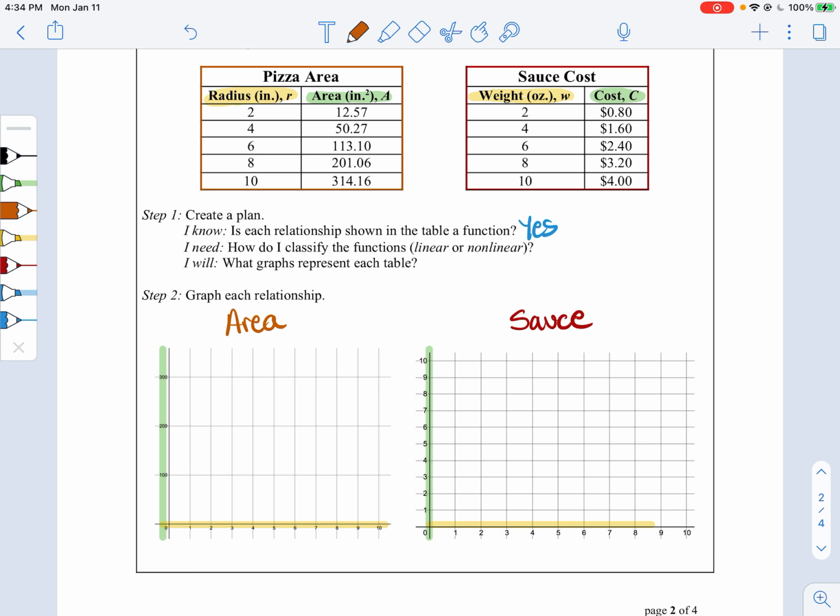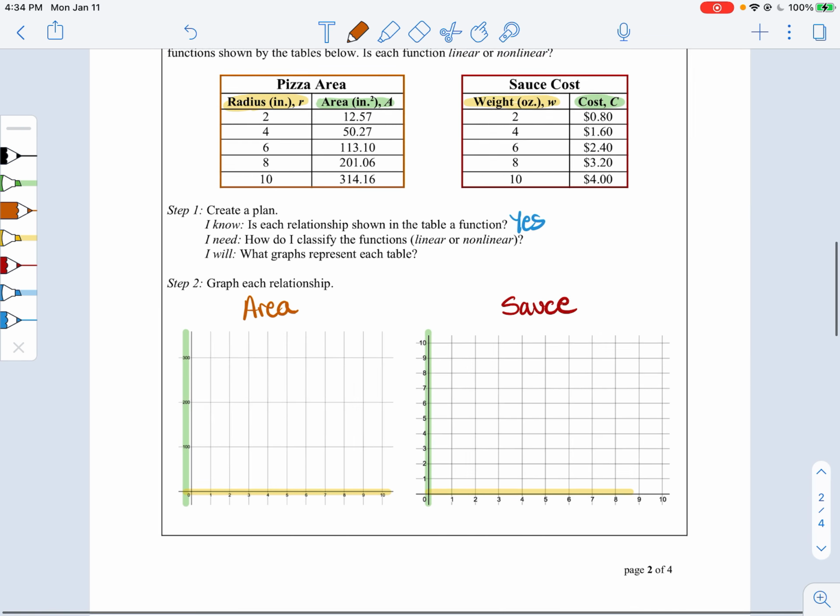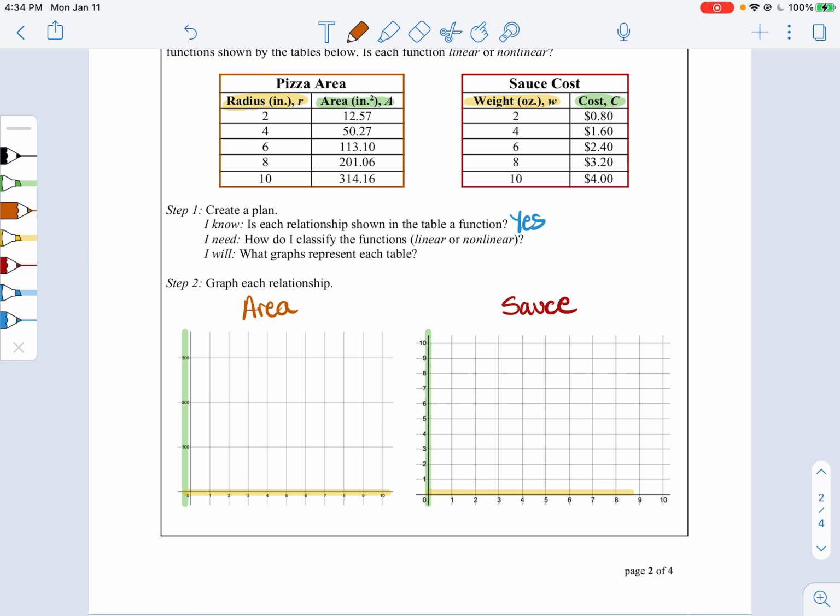Okay, here we go, area. So I see that, oh wait, we need to label our axes, guys. We didn't label our axes. So the radius of the pizza is our independent variable, that's in inches. And then the area of the pizza is dependent, that's in inches squared, or square inches, if you will.